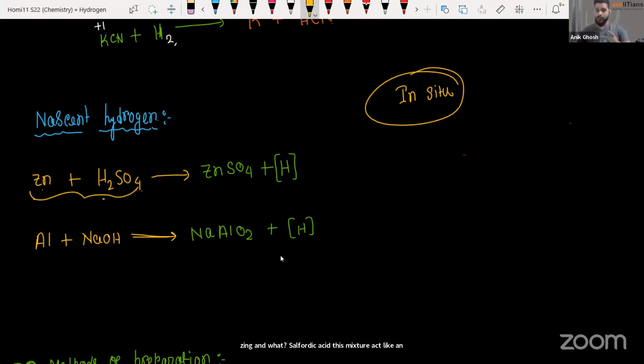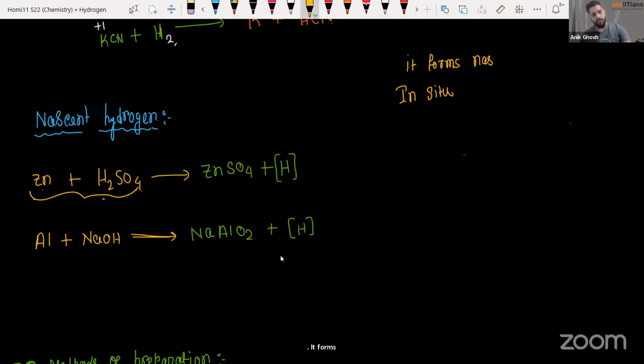Now, how is that possible? They say it forms nascent hydrogen. Check the spelling once, guys. It forms nascent hydrogen in situ. This is the terminology they are going to mention.